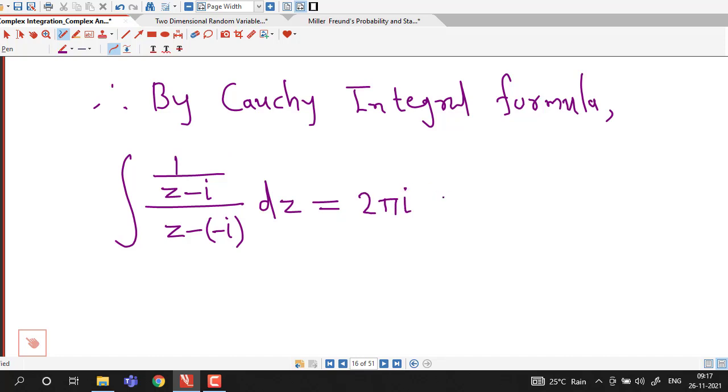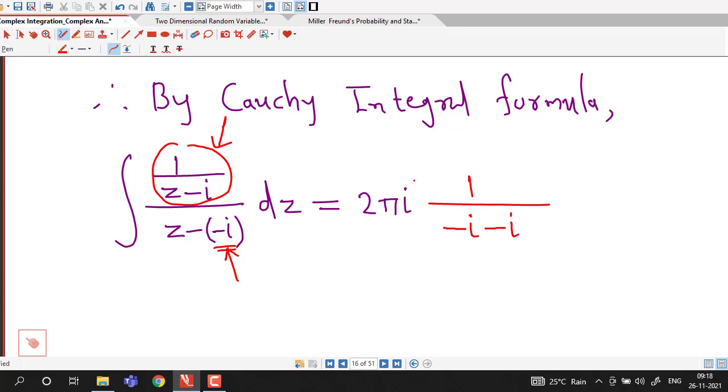Now we write the value of 1 over z minus i at point minus i. So we put z equal to minus i, which gives 1 over minus i minus i.